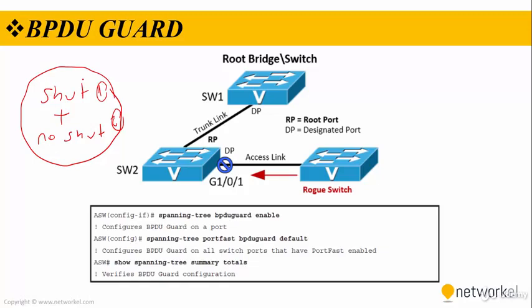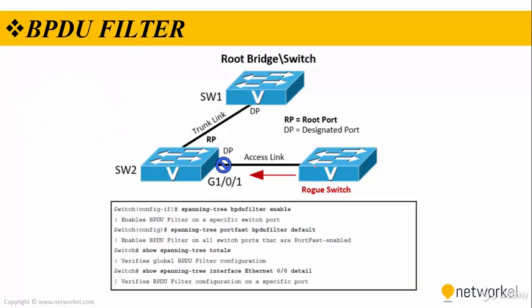BPDU guard can be activated under the interface or globally. If you want to activate it under interface mode, you can use the spanning-tree bpduguard enable command. But if you want to enable it globally, you can use the spanning-tree portfast bpduguard default command.